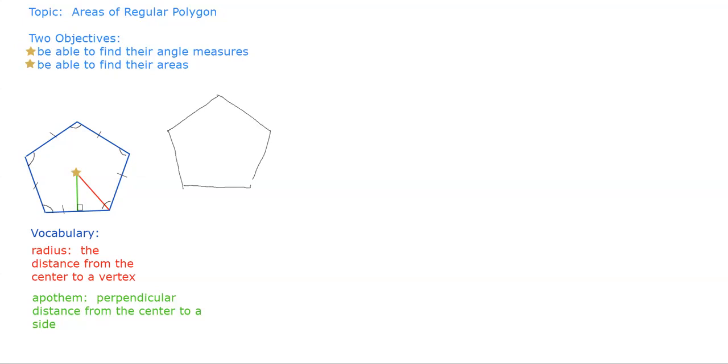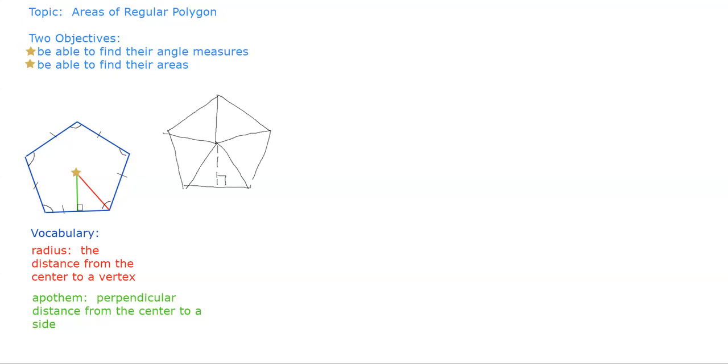Then we draw in all of the radii, and I'm going to draw in the apothem as well, noting that it's a right angle. Okay, so those are my radii and my apothem.